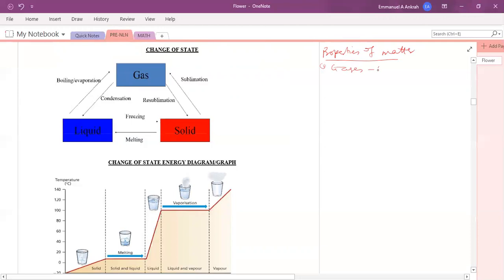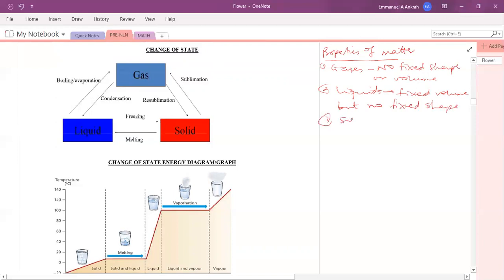Gases, no fixed shape or volume. Liquids, they have fixed volume, but no fixed shape.